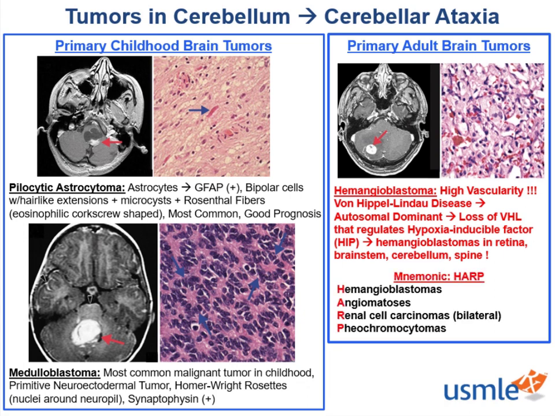Use the mnemonic HARP to recall the features of von Hippel-Lindau disease, with the H for hemangioblastomas, A for angiomatoses, R for bilateral renal cell carcinomas, and P for pheochromocytomas.